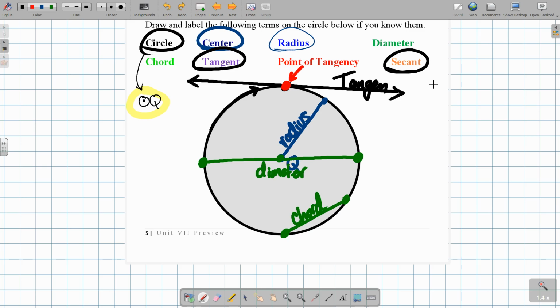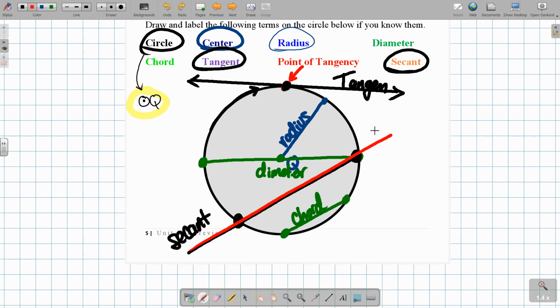A secant is, if a tangent intersects a circle at one point, a secant at 2. A secant can be any segment or line that starts from the outside and intersects a circle at 2 points. That would be a secant. It can go through and stop at the far side, or it could go all the way through.